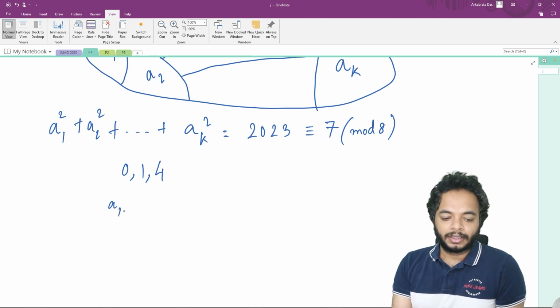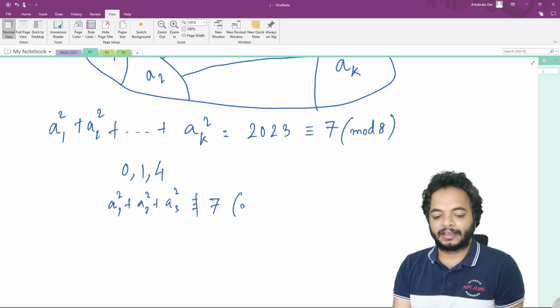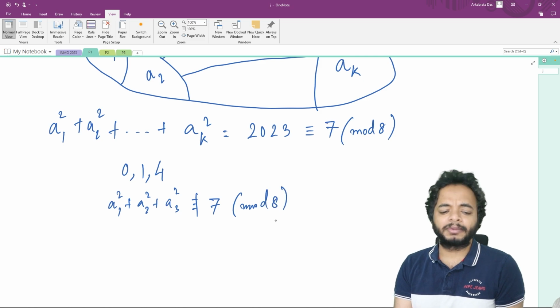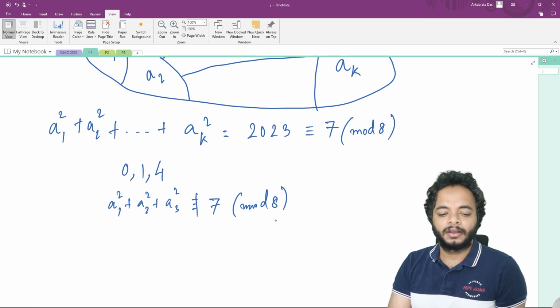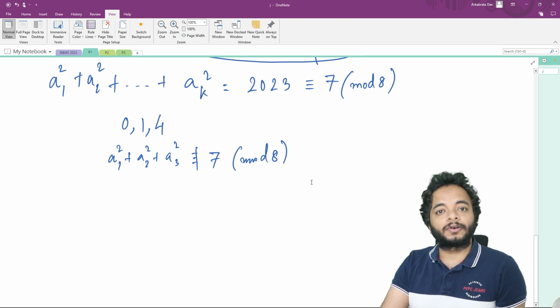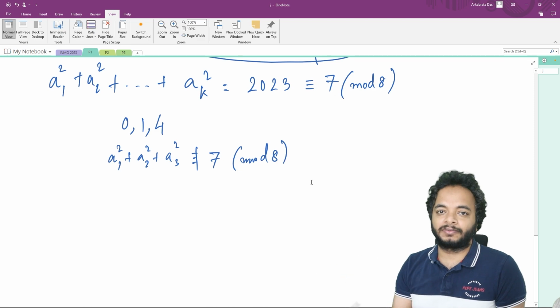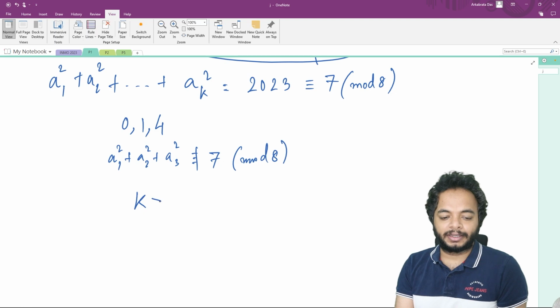So even with three such perfect squares, a1 squared, a2 squared, a3 squared, the sum can't be congruent to 7 modulo 8, because a combination of 0, 1 and 4 won't give you a sum congruent to 7 modulo 8. But starting from 4 onwards, you can have one square be 4 and three be 1, and so you can have 7. So that proves that k is greater than or equal to 4.